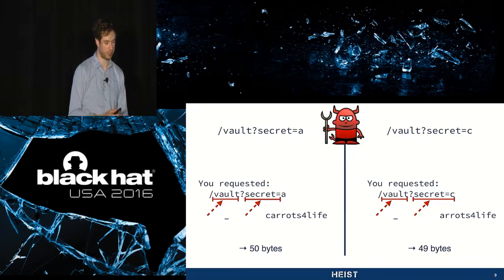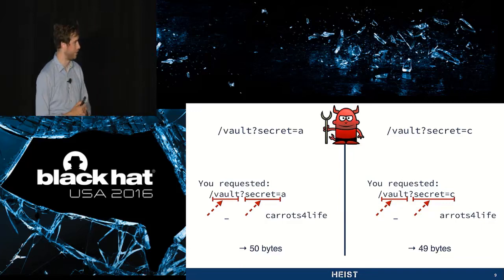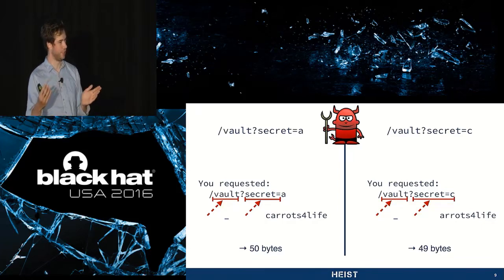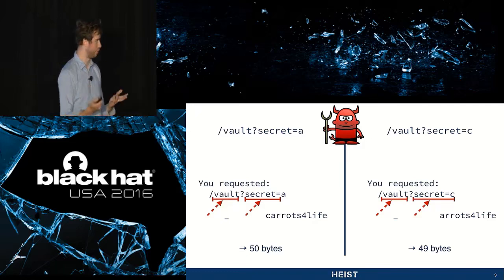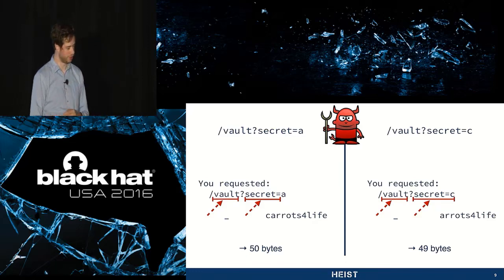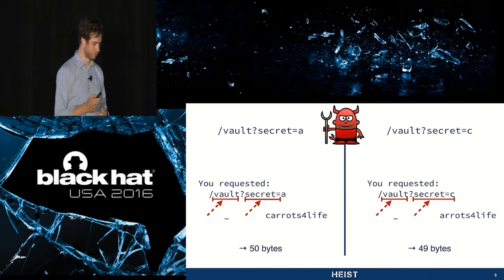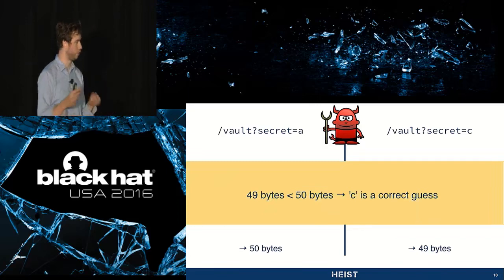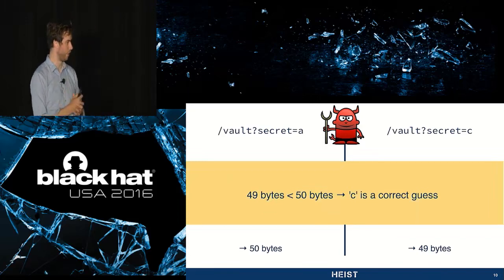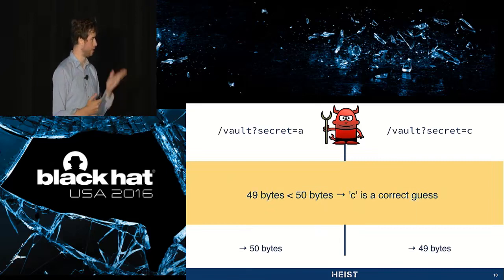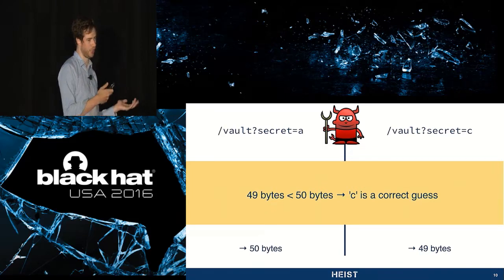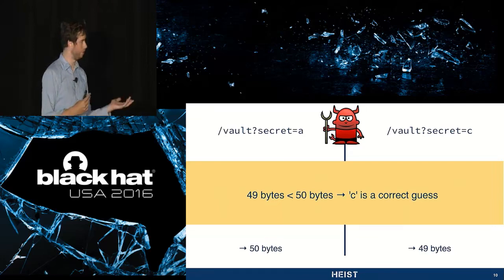but as we can see on the right, when the attacker guesses the character C, you can see that the C is included as part of the back reference. So this means that the response size is now 1 byte less, so 49 bytes. So if the attacker manages to look at the response sizes, you can see that 49 bytes on the right-hand side is smaller than the 50 bytes on the left-hand side.